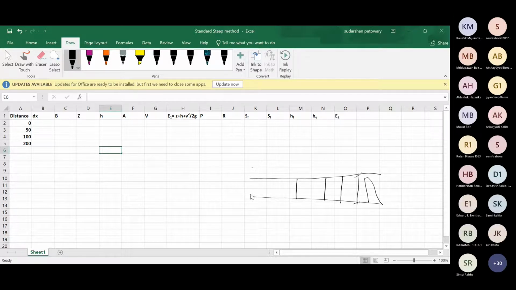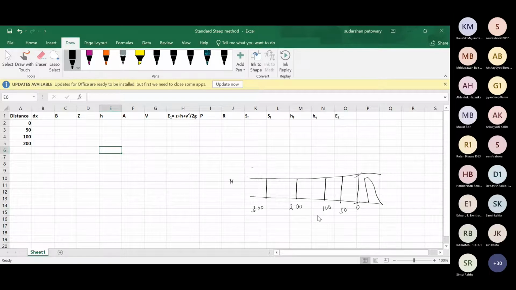That means it may be like this. Suppose this is 0, 50, 100, 200. In this way also you can compute it. Suppose up to 300 distance is there. You assume that at 300 your water surface profile joins the NDL.